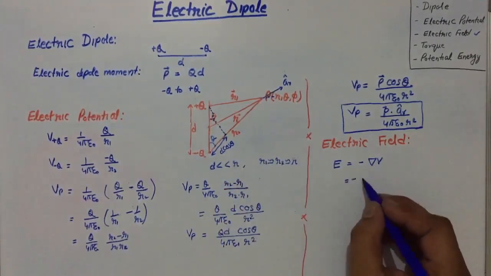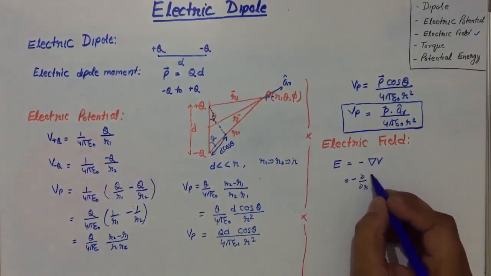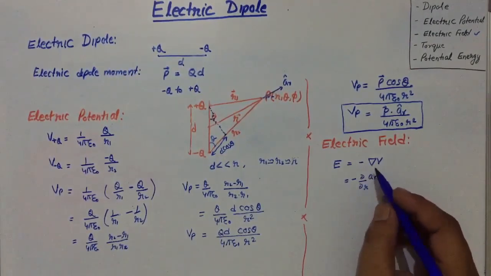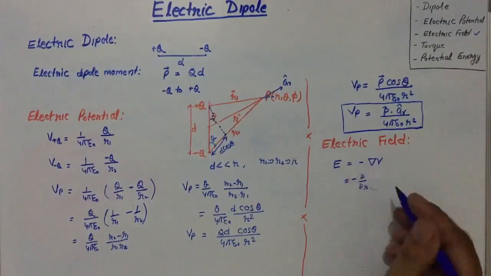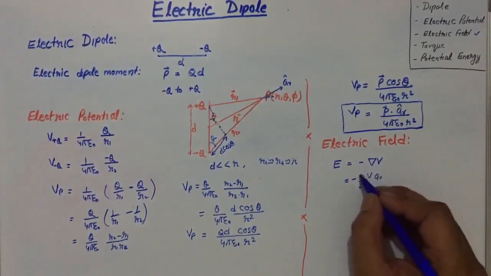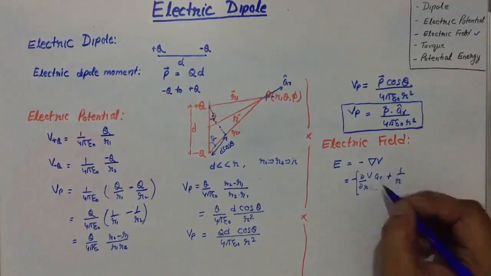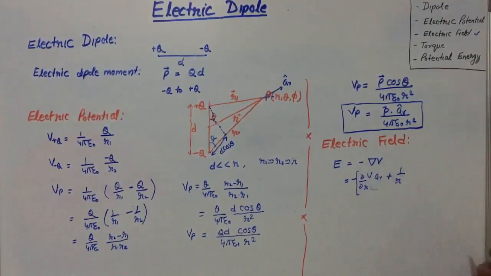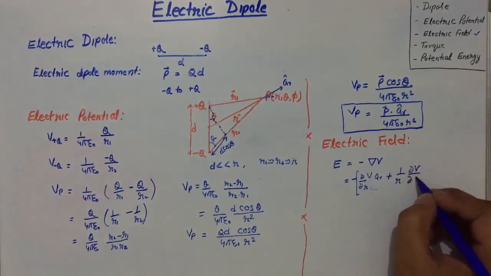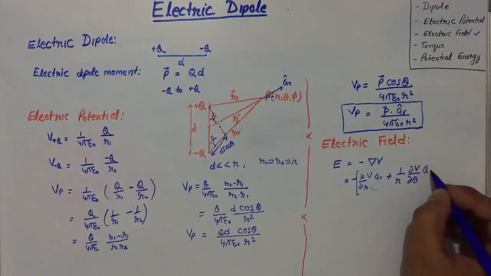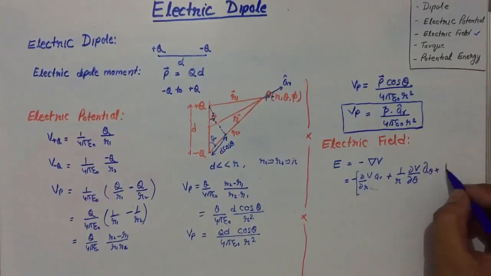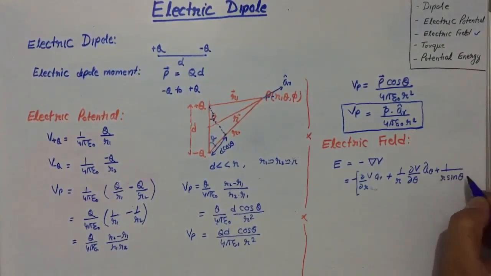So we can write del V over del r in the direction of a_r, negative is for all, plus, if I am right, please rectify this if there is some mistake, del V over del theta in the direction of a theta, and it will be 1 over r sin theta del V over del phi in the direction of a phi.